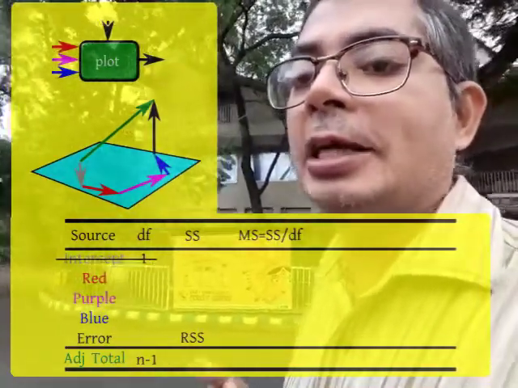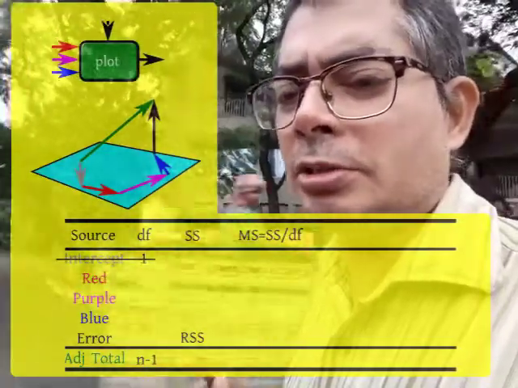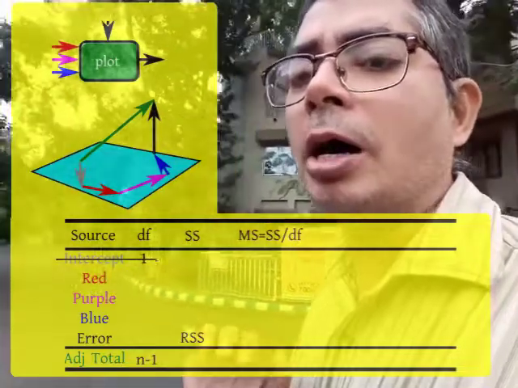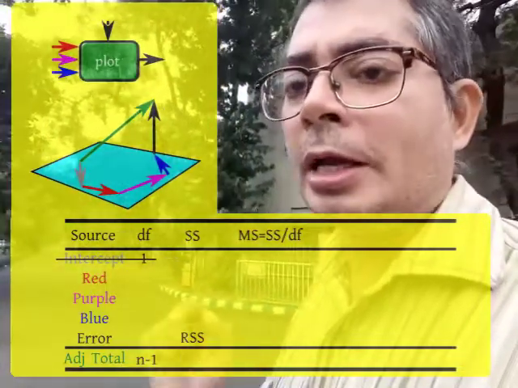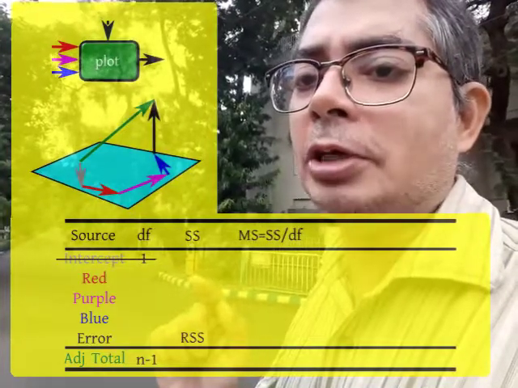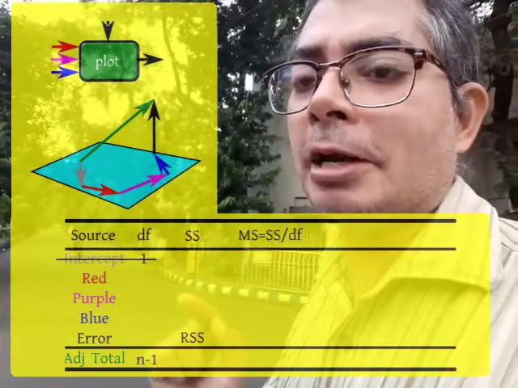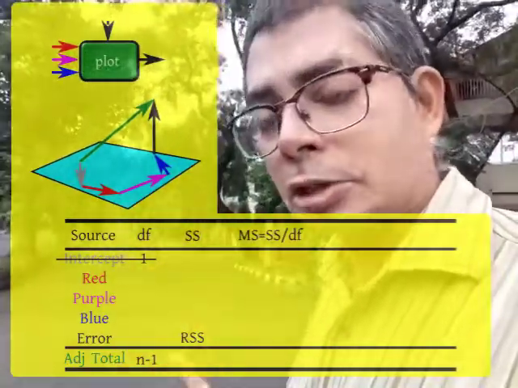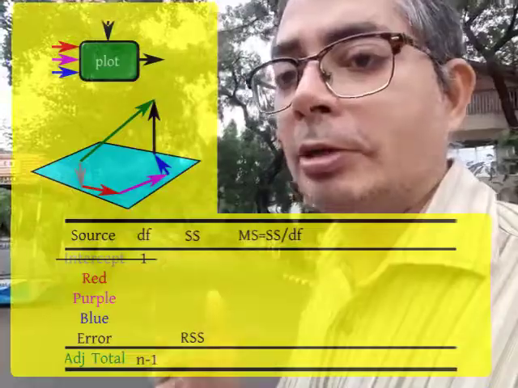That will be the adjusted sum of square, which you can easily check will be n times y bar squared. And similarly you will have the squared length of the red arrow here, squared length of the purple arrow here, squared length of the blue arrow here, because of Pythagoras and the orthogonality condition that we have assumed, they will all add up.